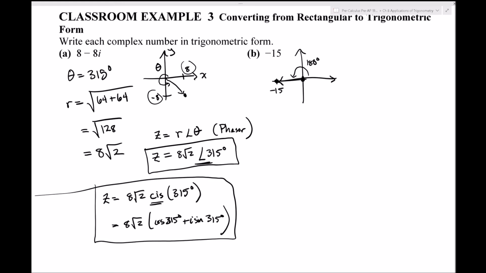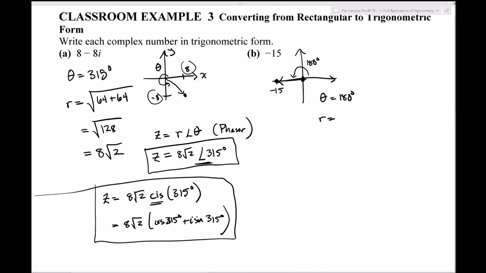The only difference between different sizes of negative numbers would be how far out it is along that line. So this one's 15 units away from the origin at a 180 degree angle. So the angle is 180 degrees.